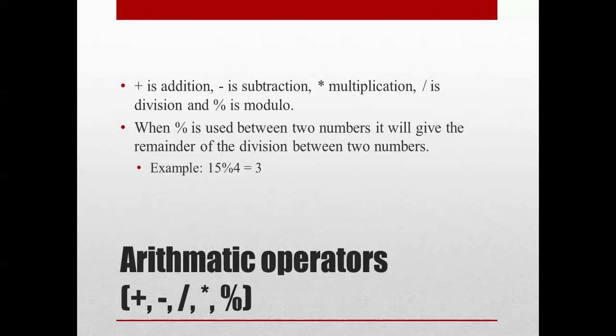For the people who don't know what modulo is, if you put a modulo in between two numbers, it will give you the remainder when you divide the left number by the right. For example, 15 modulo 4 is 3, because when 4 divides 15, we're going to have a remainder of 3.